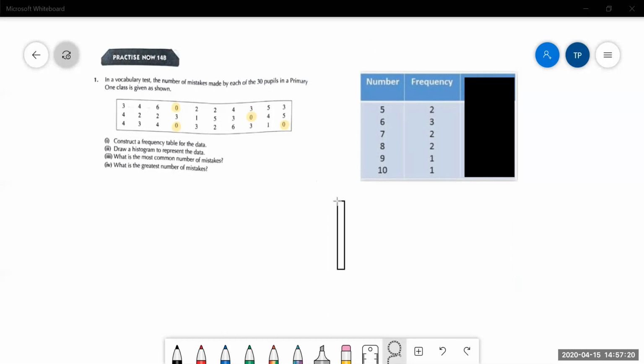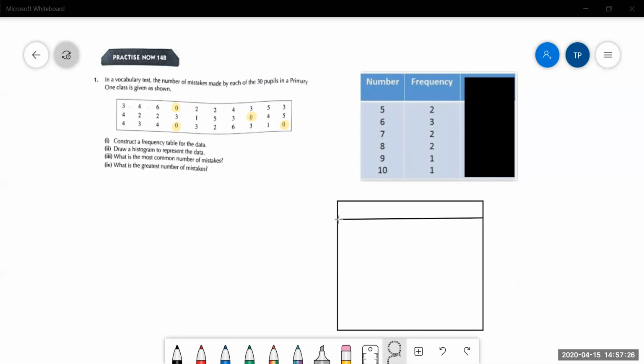On the table, over here I'll be writing number of mistakes, because the variable is number of mistakes.